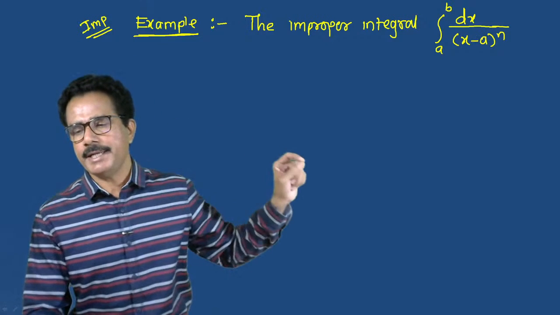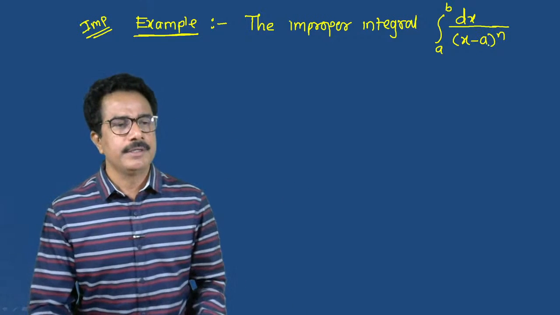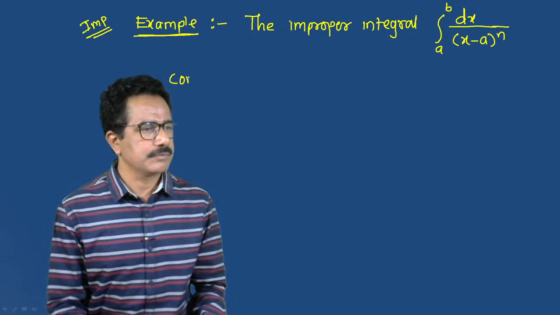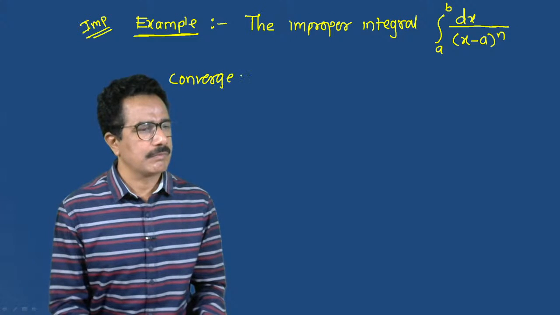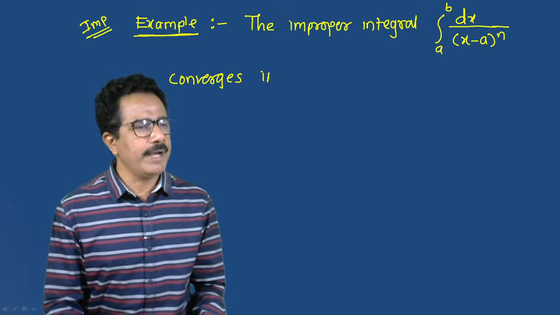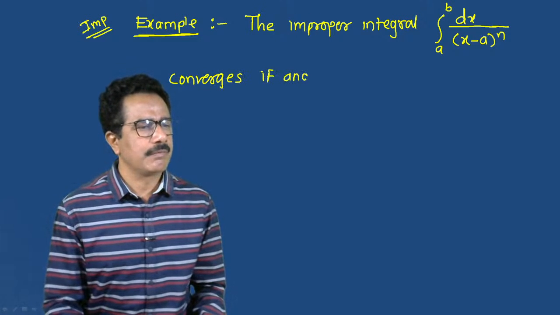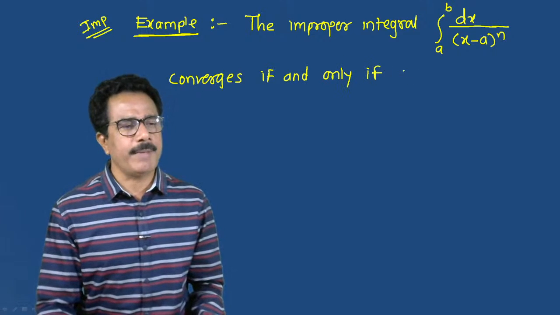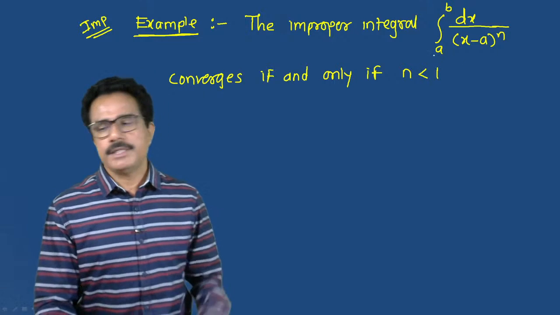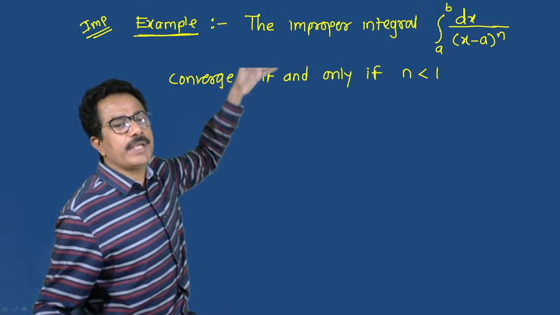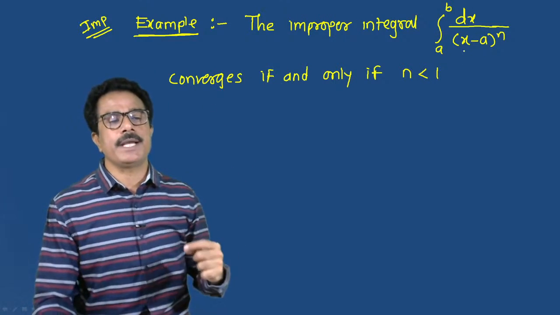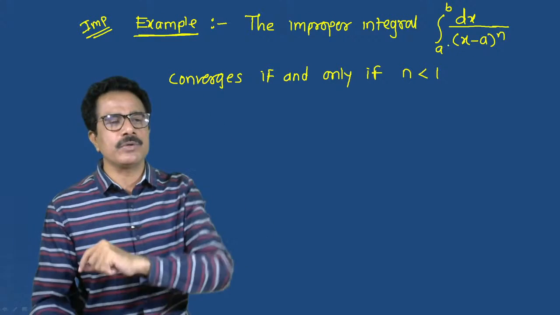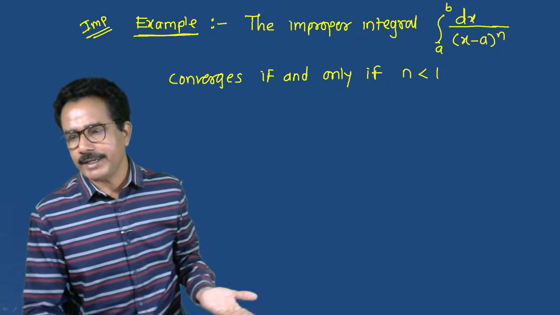Tell me at which point this integral is improper. So it converges if and only if... Now you tell me the answer of my question. This integral is improper at some particular point. That means at the left hand.